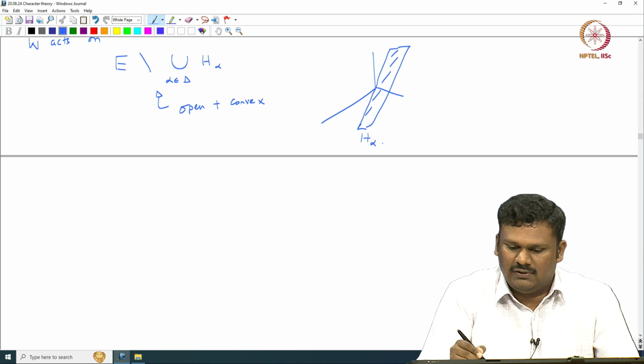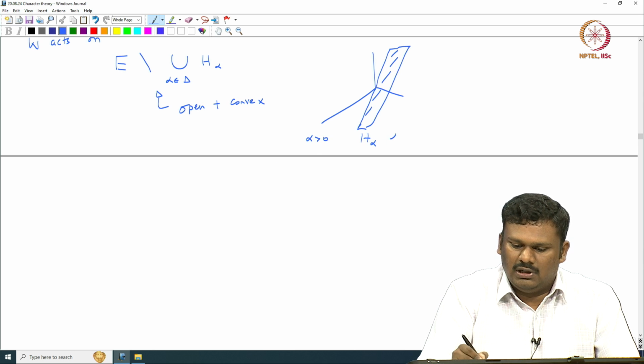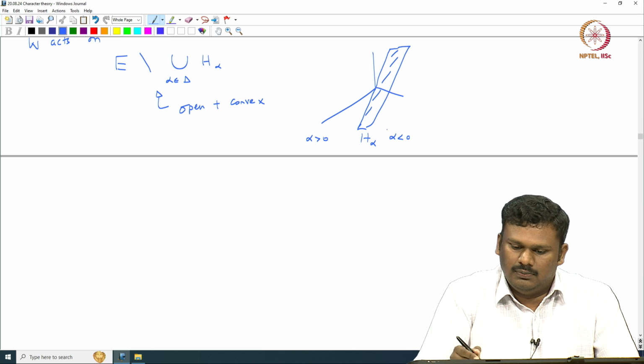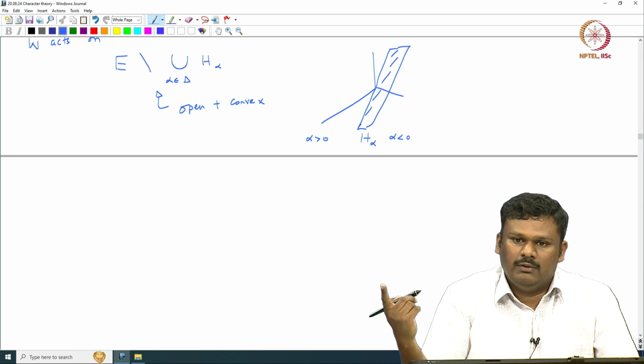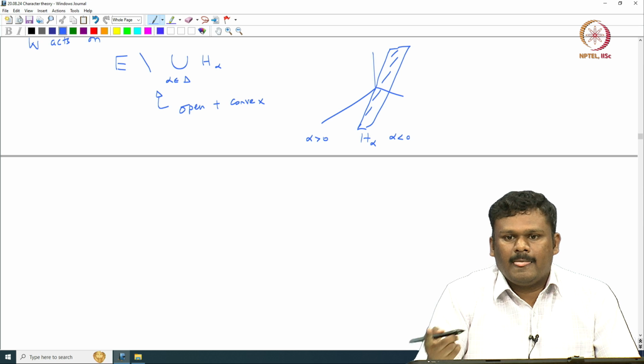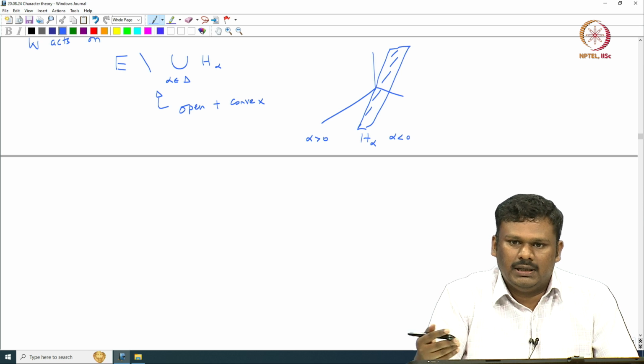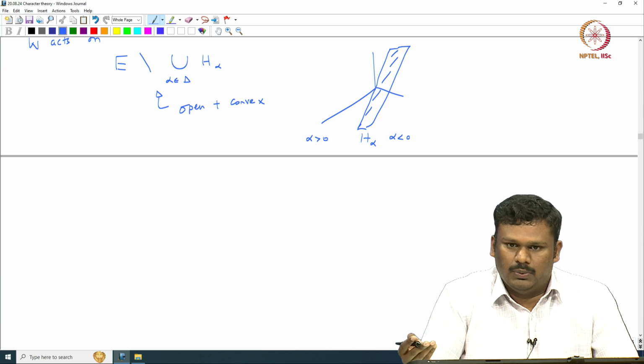Let us say this is H alpha, then alpha positive and alpha negative are the two sides of the complement of this hyperplane. It is easy to see that both of them are connected components. So if you remove one hyperplane, you already get two connected components. If you remove finitely many of them, you get finitely many connected components.